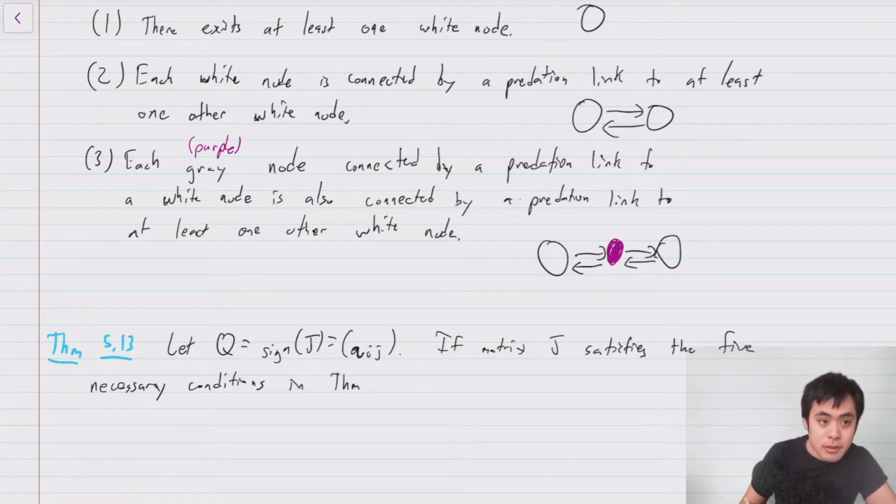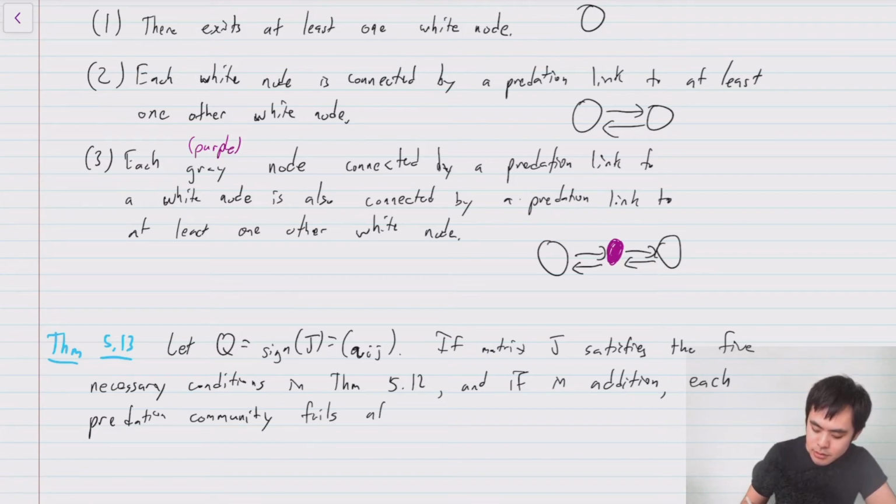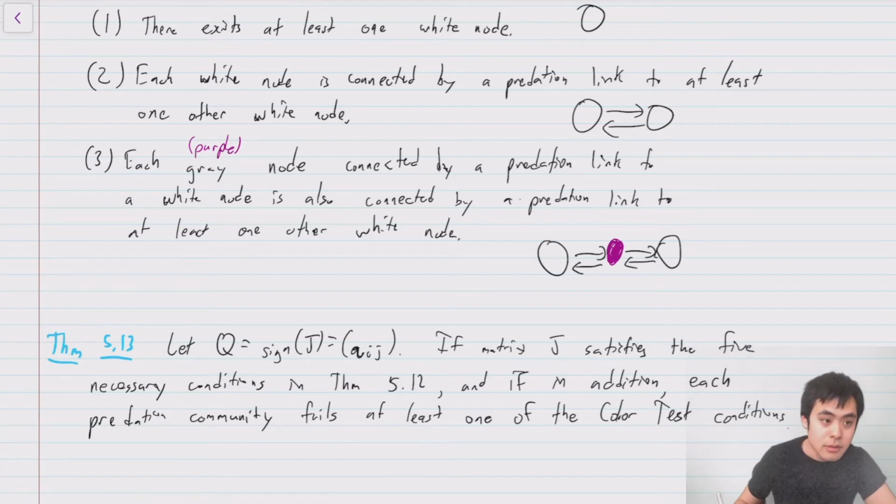in theorem 5.12, and if in addition each predation community fails at least one of the color test conditions, then J is qualitatively stable and therefore locally asymptotically stable.